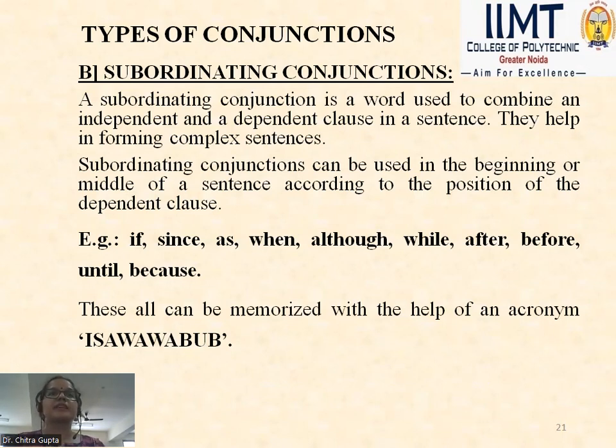For examples: if, since, as, when, although, while, after, before, until, because. Now, all these subordinating conjunctions can be memorized with the help of an acronym known as I saw or Bob.